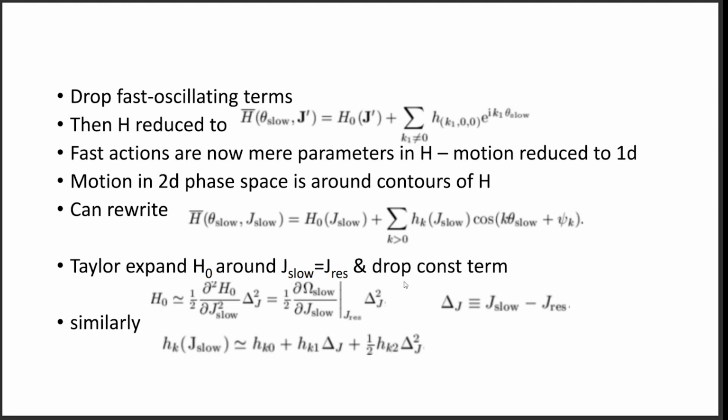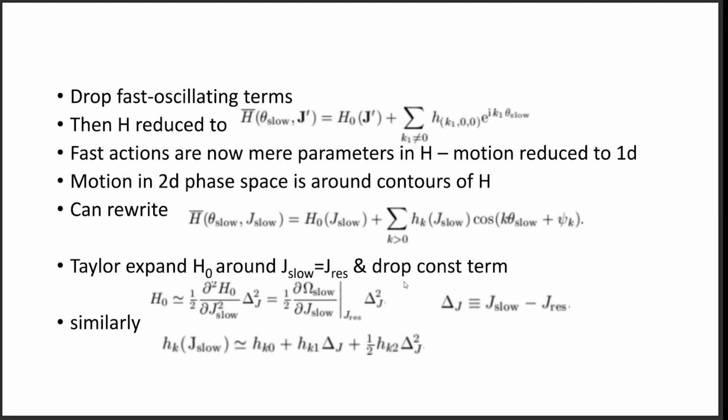So I'm insisting that I drop terms in this sum where these components of k are not 0, on the grounds that they generate terms that average to 0 very quickly. So I'm left with this, and that means I've reduced the problem to motion in the j slow, theta slow plane. The motion has been reduced to 1 dimension.